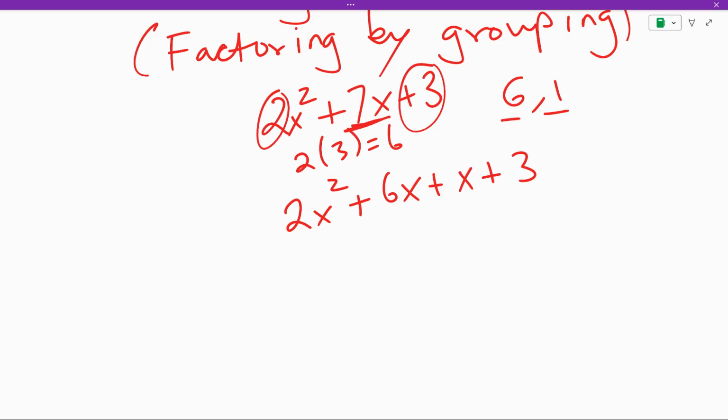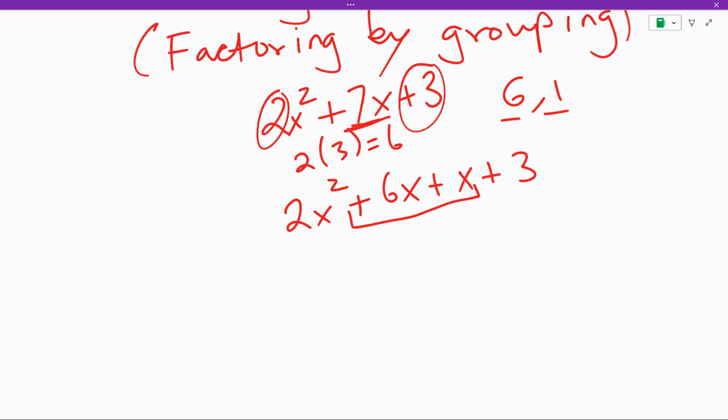Notice that if you take these two middle terms where you have x to the 1 power, 6x plus x adds up to 7x when you combine like terms.